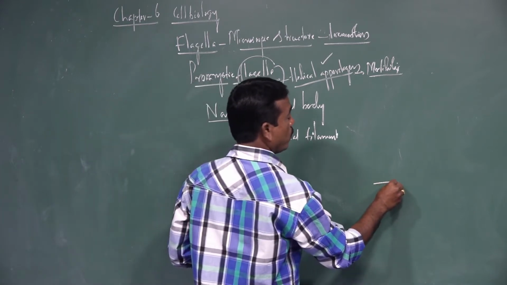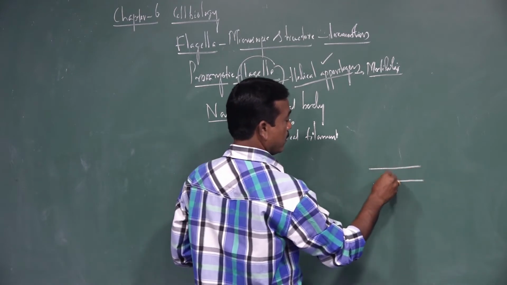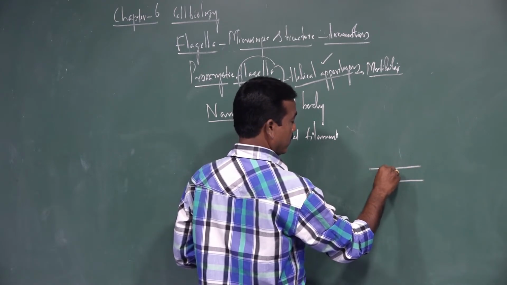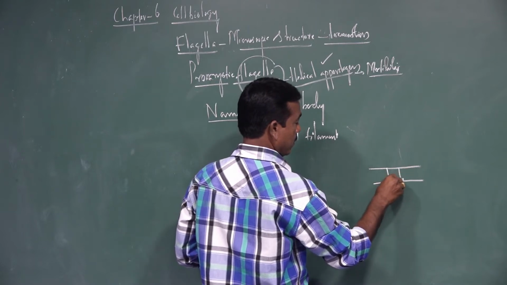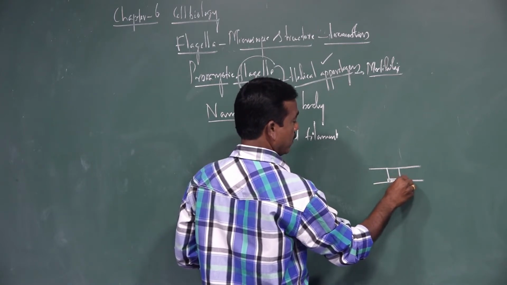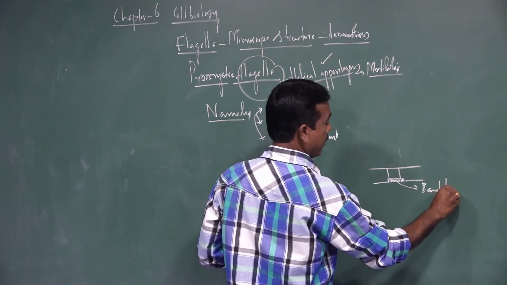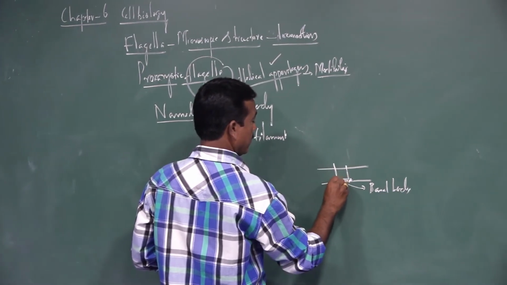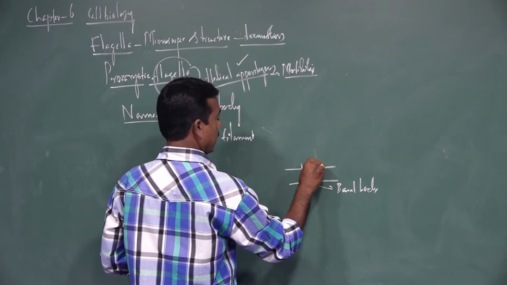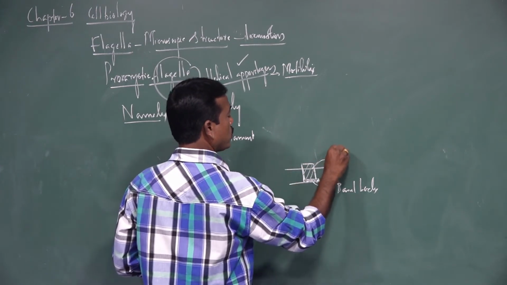According to the structural view, that is the basal body. Then there are the short hooks.